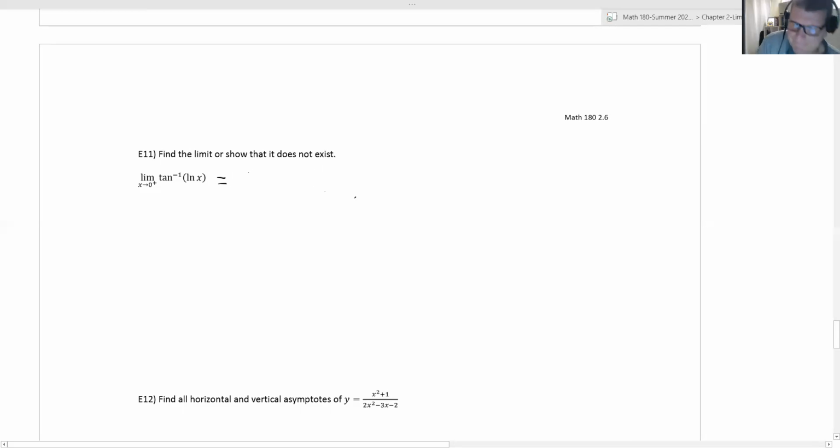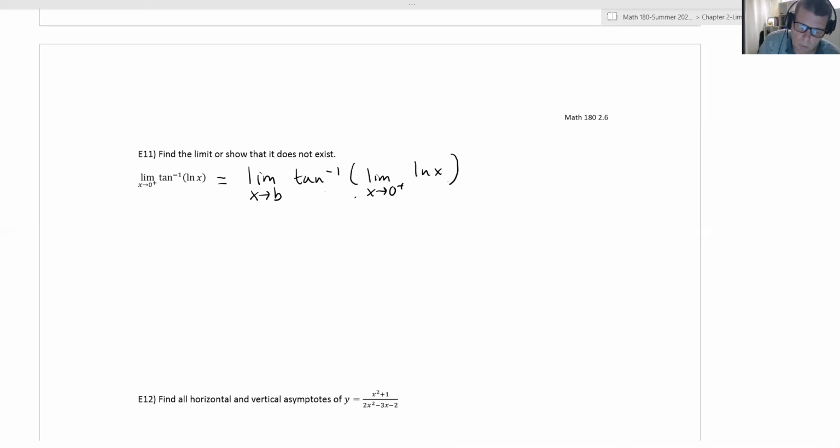How to write this to make it as simple as possible. Let's call this the limit as x approaches b of tan inverse of the limit as x approaches 0 from the positive side of the natural log of x. So it's a composition of functions, and what we have is a limit inside of a limit. So what we want to do first is think, what's the limit as x approaches 0 from the positive side of the natural log of x? Really, really important, guys, that you know this one.